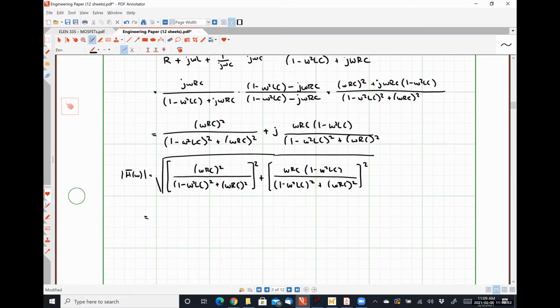We are going to have a factor of omega RC quantity squared that is common to both that left-hand term and that right-hand term.